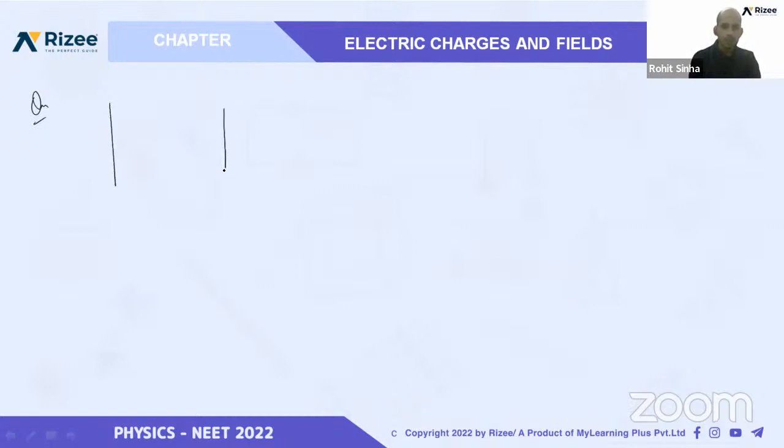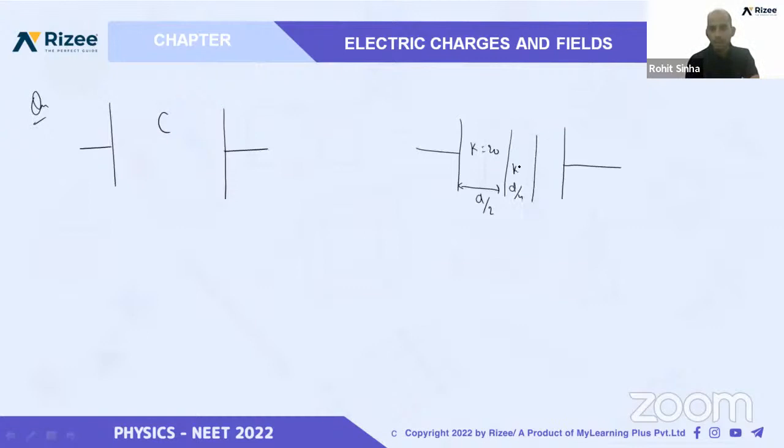Suppose originally I had capacitance C, and I filled it like this: D by 2 with K equal to 20, D by 4 with K equal to 10, and here D by 4 with K equal to 30. What will be the new capacitance?